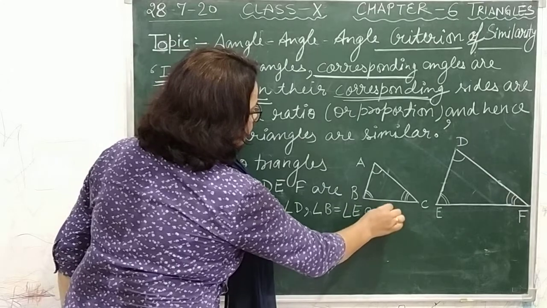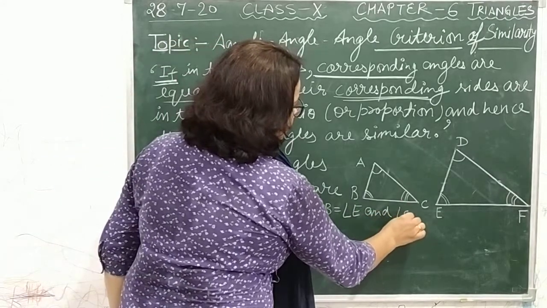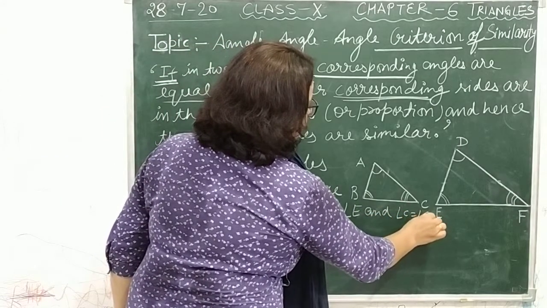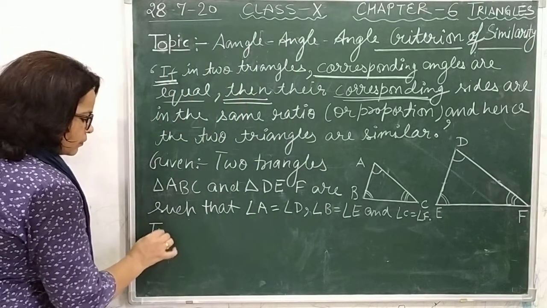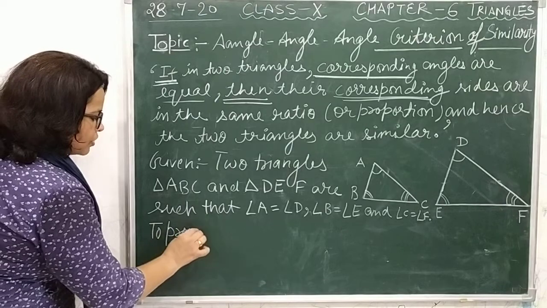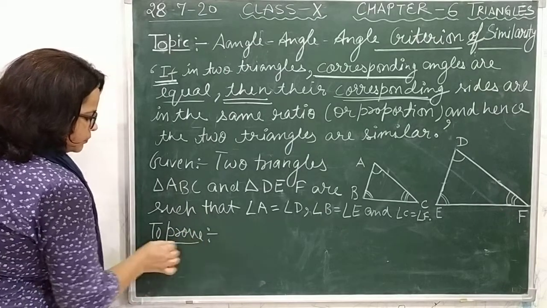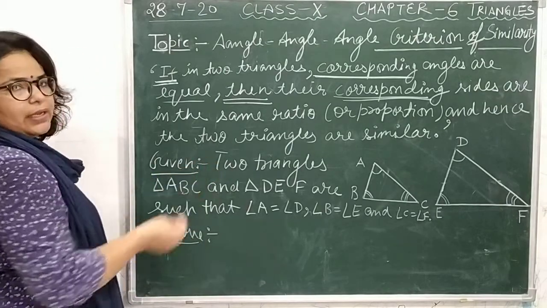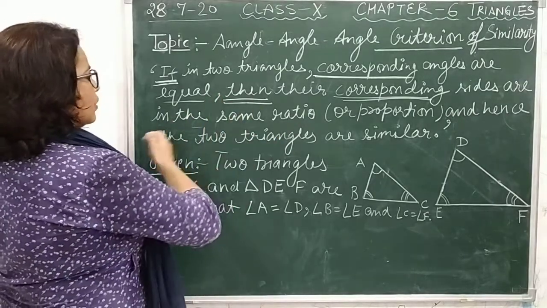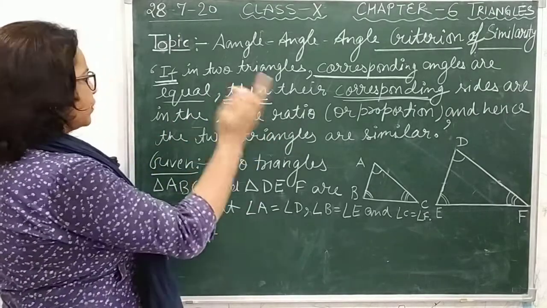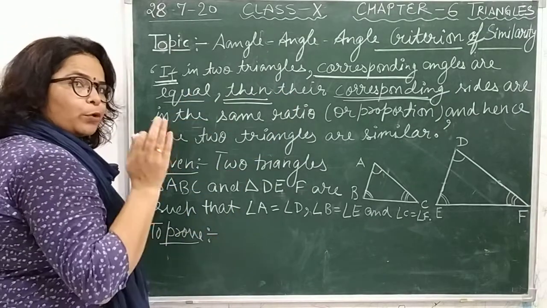And the third angle, angle C, is equal to angle F. To prove the obvious consequence of this, that if the three corresponding angles are equal, the ratio of sides will be the same, or we can say the corresponding sides are in proportion.